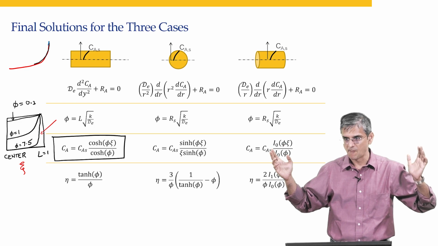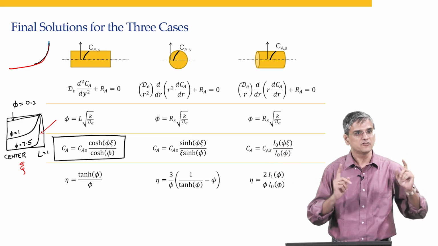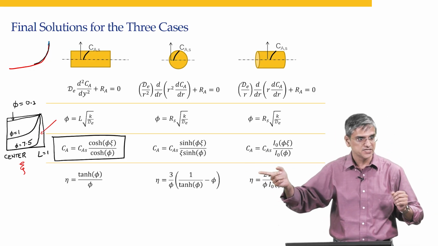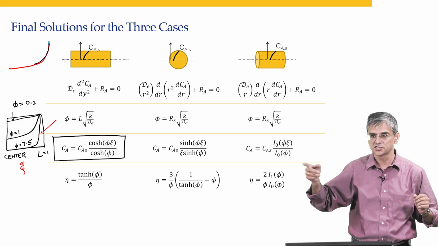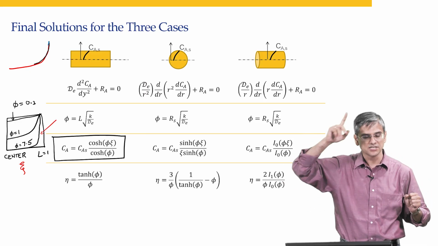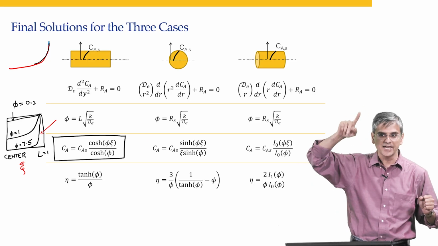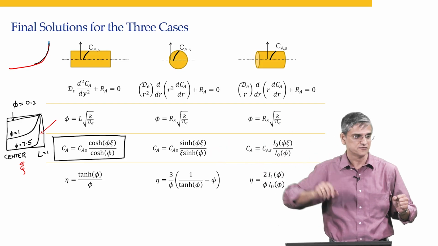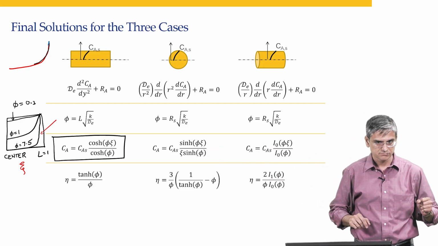The rate of reaction will not be the same. Eta would be the same, phi would be the same, but the rate of reaction would be different, because the net rate of reaction is k C_A multiplied by V, and that V is different or your k is different.